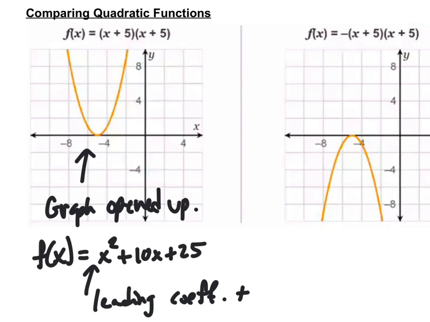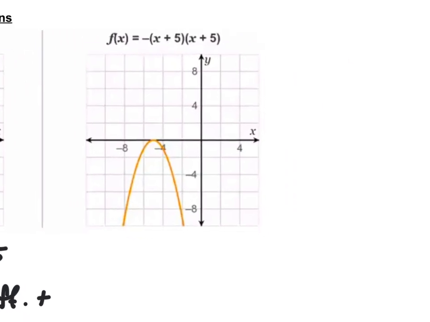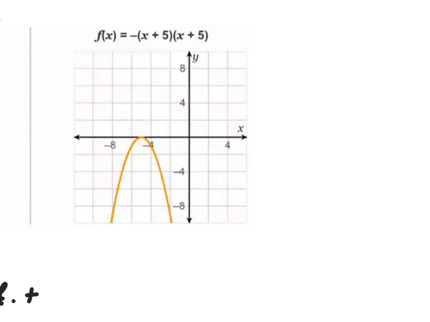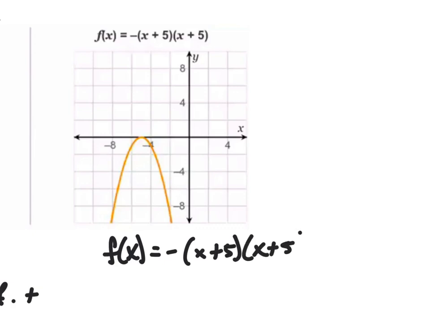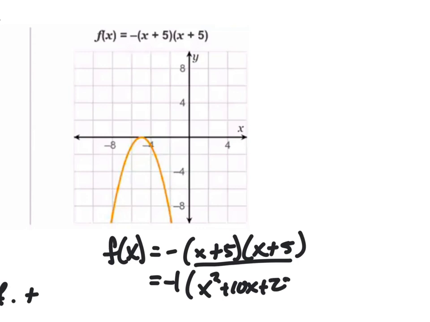Over here, on this one, if you multiply all this stuff out, if f of x is equal to negative x plus 5 times x plus 5, then you get this. It's basically like negative 1 multiplied by all this stuff. We've already multiplied this out, and this gives us x squared plus 10x plus 25.